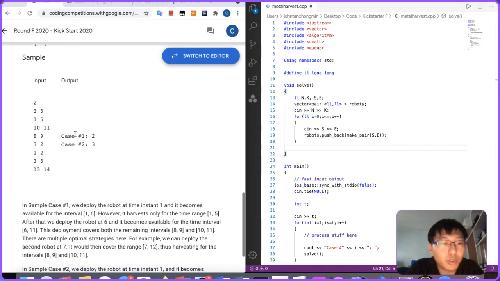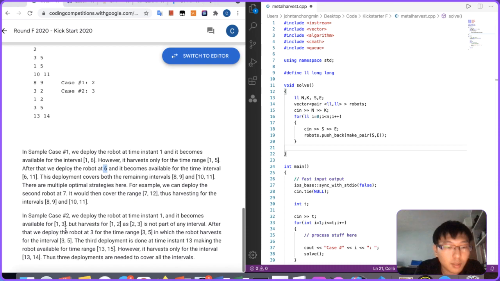I mean, you see, if you deploy a robot from 1 to 6, that's 5 time units, right? I don't really know how the robot is deployed, but it looks like, between 1 and 3, it can cover like 1, 2, and 2, 3.